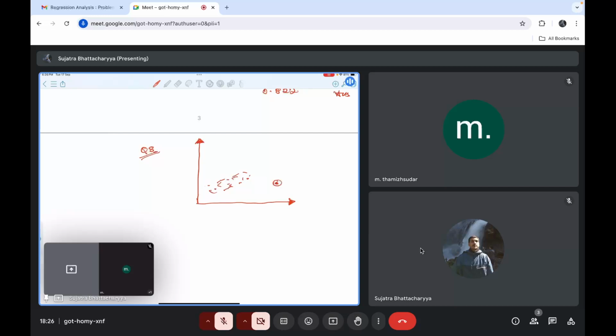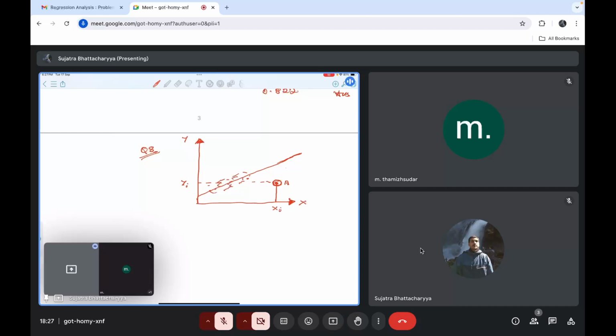Let the coordinate of this be xi. This is x, this is y, and this coordinate is yi, right? And if you don't include this point A, this xi yi point, and do a regression, then you will get a trend line like this, and the slope or intercept you can calculate.